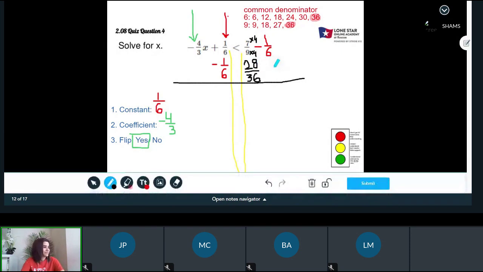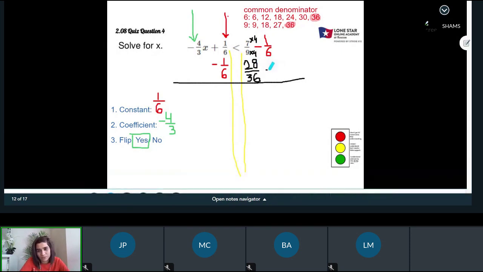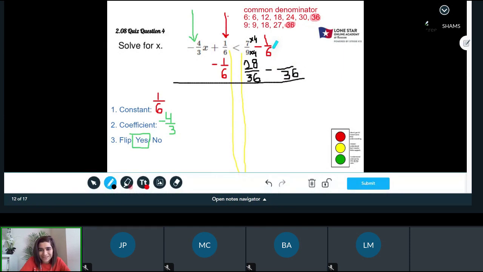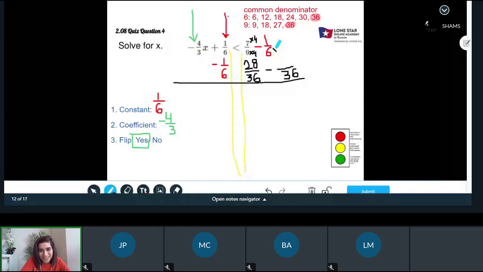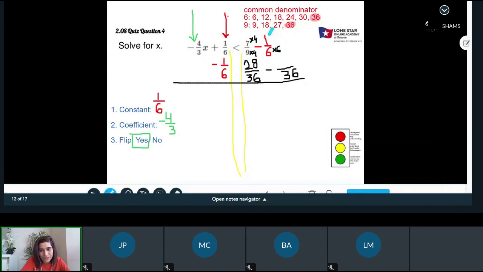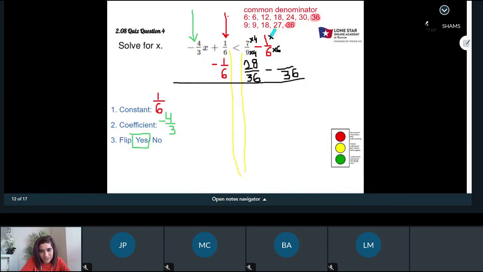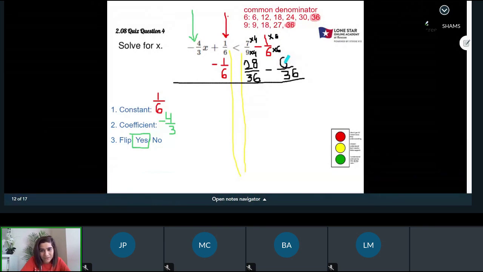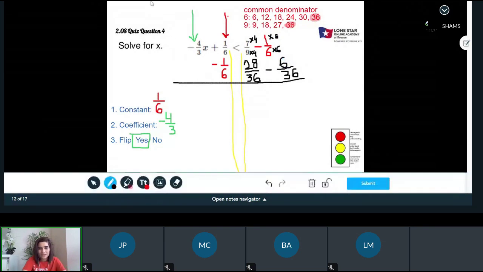Then I will do 1/6 and change it to a denominator of 36. And how do I do that? I know 6 times 6 is 36. So I will do 1 times 6 and that gives me the numerator 6. And then I can subtract.